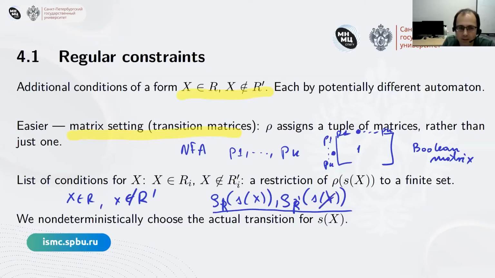And those choices should be consistent with those describing whether x belongs to those regular languages or not, in the sense that if we have a transition matrix, then we know whether the word is accepted or not.